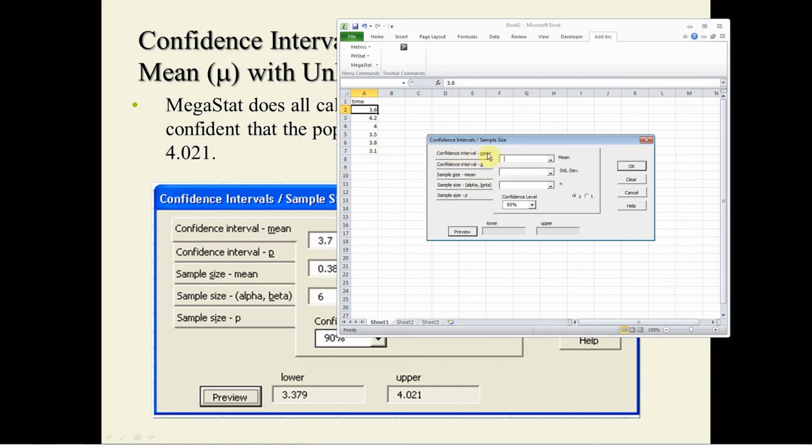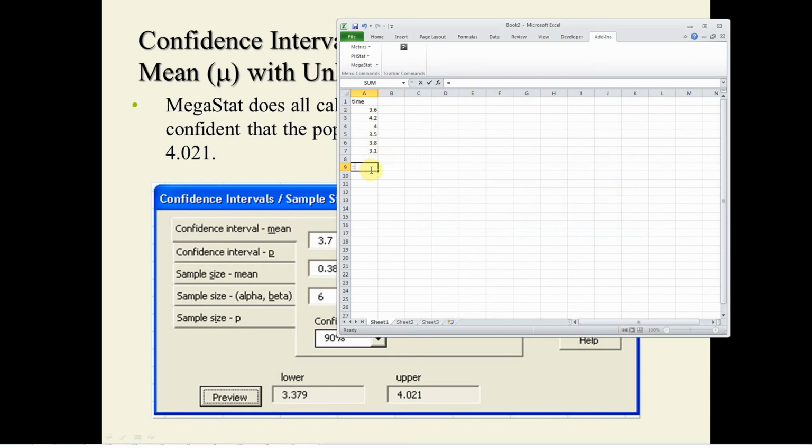Notice that it asks for the confidence interval for the mean, the confidence interval for the population proportion, depending on what I'm estimating here, as well as the sample mean, sample size, and that kind of stuff. So if I compute the sample mean here, I just say average and calculate that, I get 3.7. And I calculate the sample standard deviation.